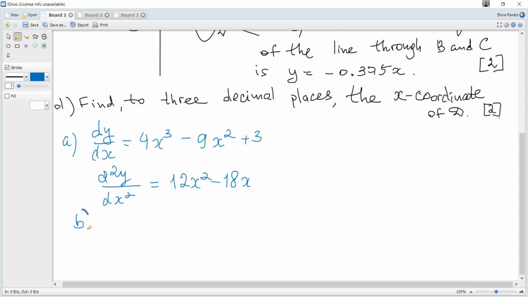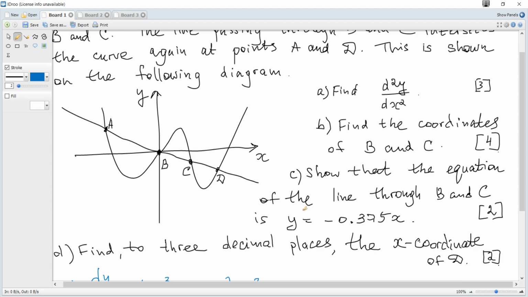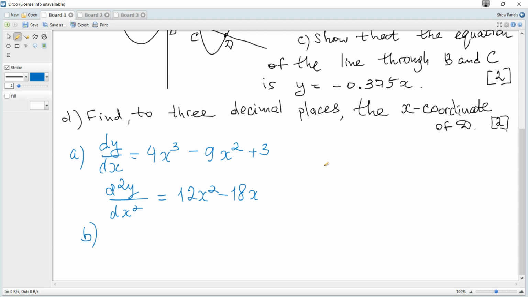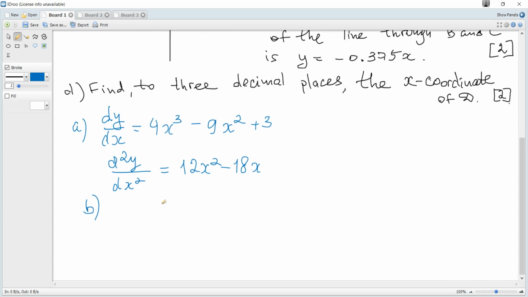And B. Find the coordinates of B and C. B and C are points of inflection, so we know that the necessary condition is that the second derivative should be 0. So equating the second derivative to 0, we get 12x squared minus 18x equal to 0, and we can factor out 6x, so it becomes 6x times (2x minus 3) equals 0.